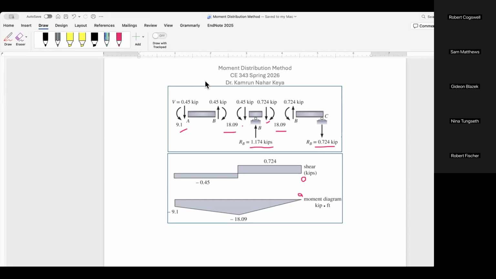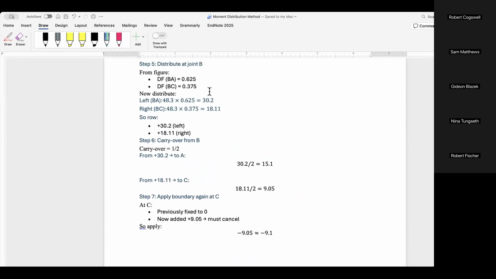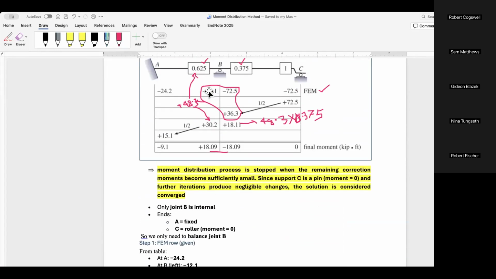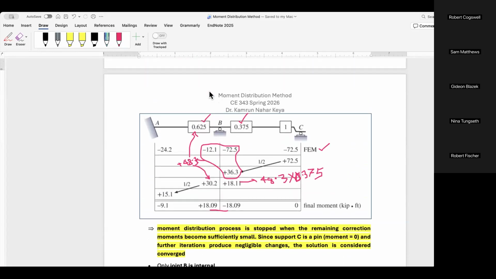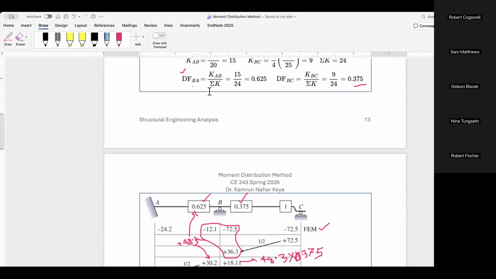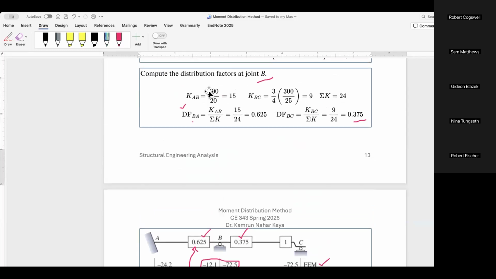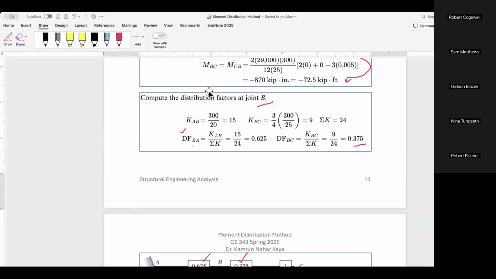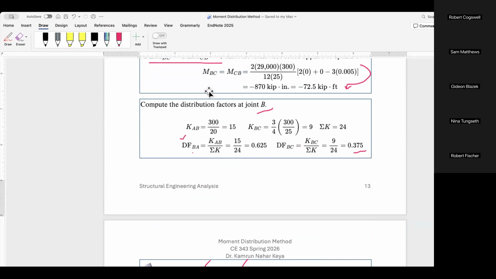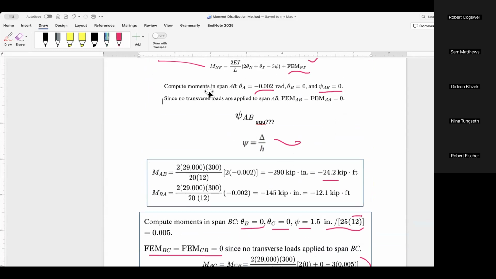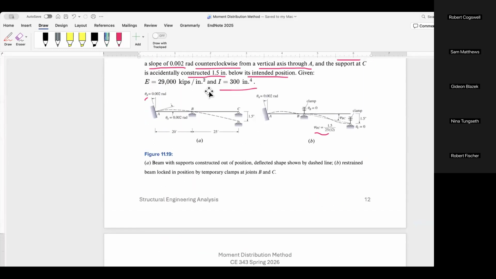Do you mind going back up to the distribution factors at joint B and C? Okay. For this one? Just a little bit higher, like when we were computing them. I'm just wondering where the 3/4 for KBC is coming from, because if it's I over L, wouldn't it just be 300 over 25 for KBC? Okay, let me check.